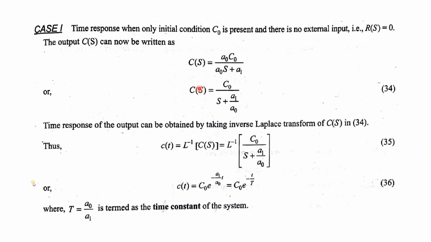After conversion, you check the response. When you get the output, C(s) equals something, you perform the Laplace inverse and write it in terms of time domain. Then you show the output. This is the output response. Okay? Did you get it?